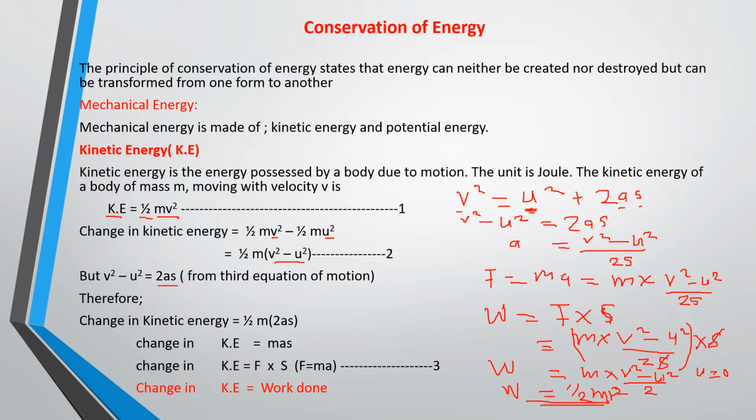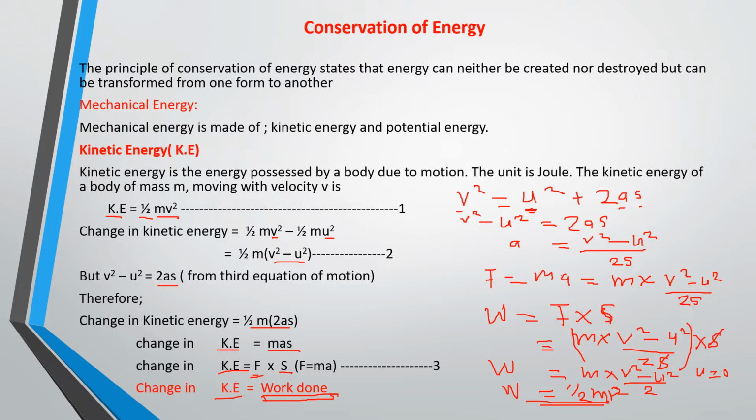So you can substitute that 2as, and these two can cancel each other, and then you have that the change in kinetic energy is equal to mass times acceleration times distance. Now mass times acceleration is force. So this gives you force times distance, and that is equal to kinetic energy. So kinetic energy is equal to work done. Is that okay? Kinetic energy is equal to work done.